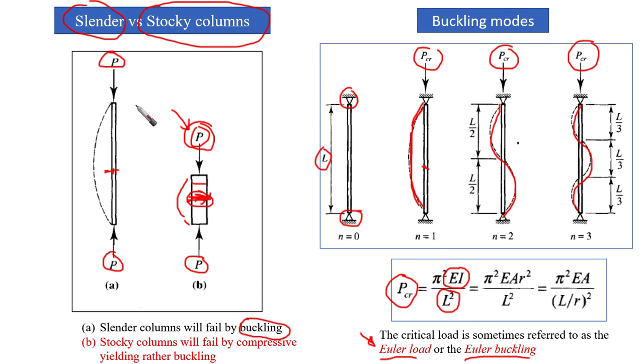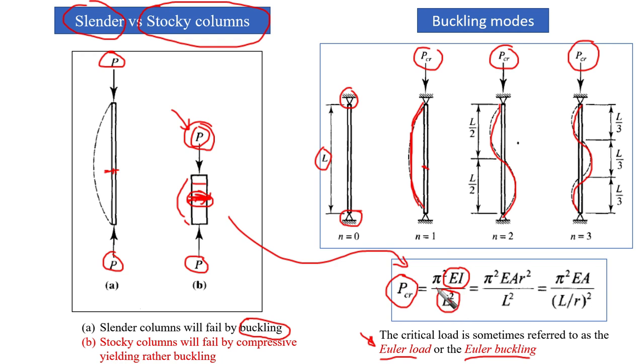Do you remember when I was talking about the slender column? This is thin and long. This is thick and short. So the characteristics that we were explaining here have actually been interpreted into an equation here.